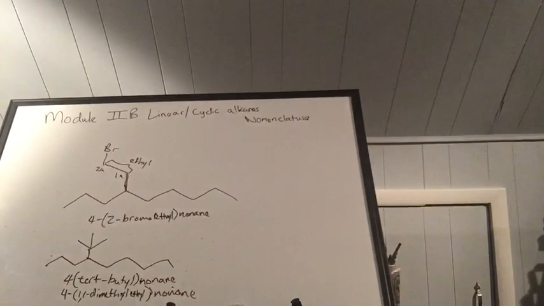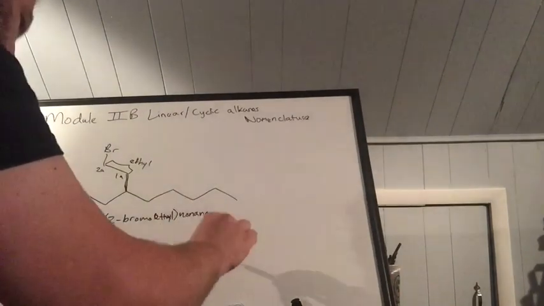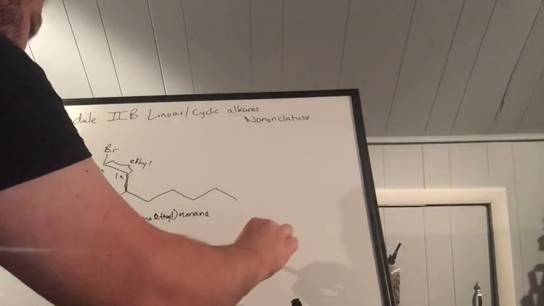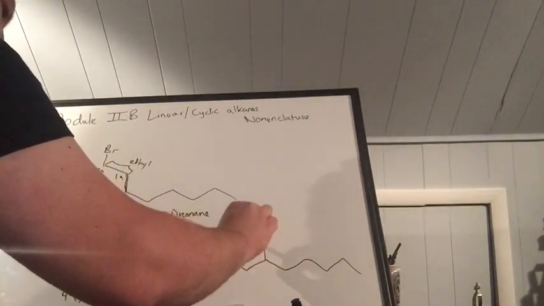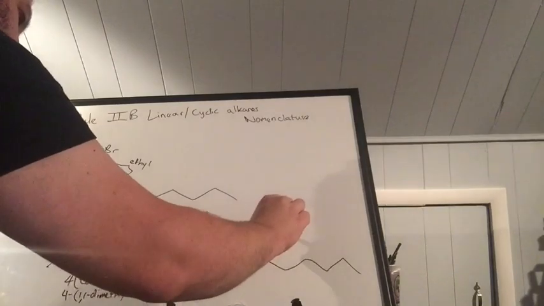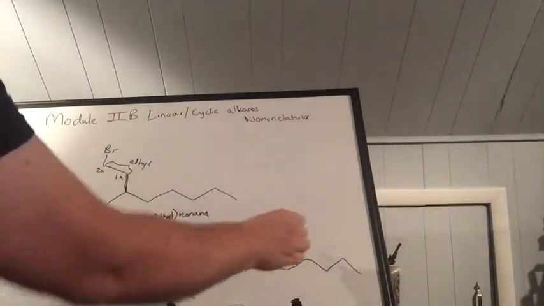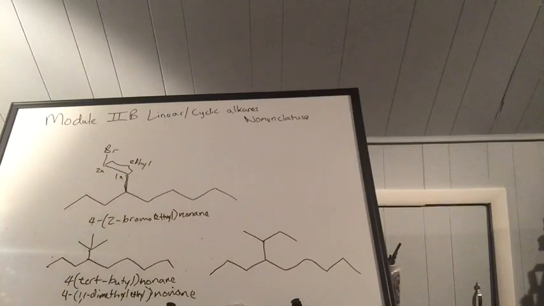How about sec for secondary butyl? Okay, so that's a count of 4 hanging off of the main chain.